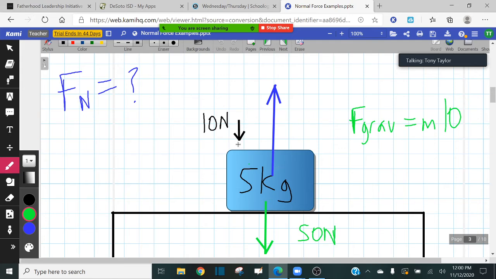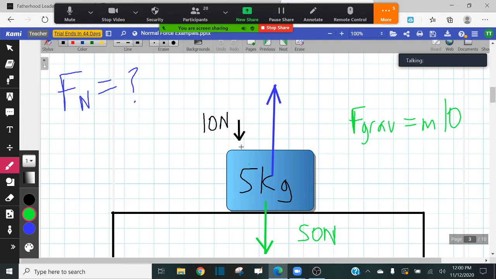Notice I have two forces here that are acting downward, and I have one force here that's acting upward. So can someone tell me, guys, what has to be the value of this force here to balance these two down forces? Anyone? Yes, you guys got it.